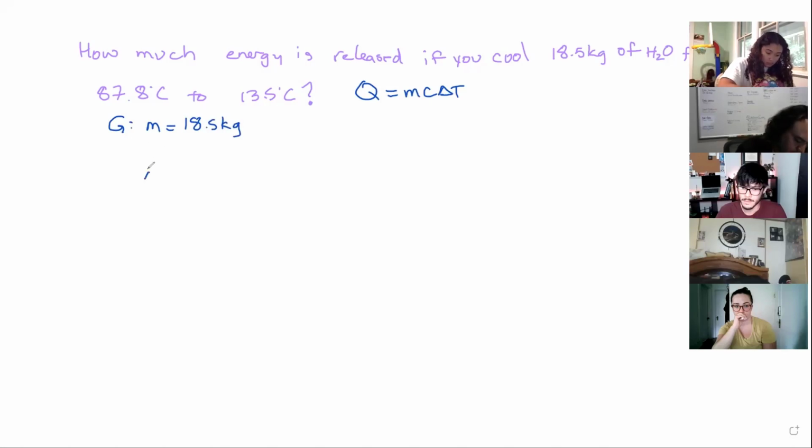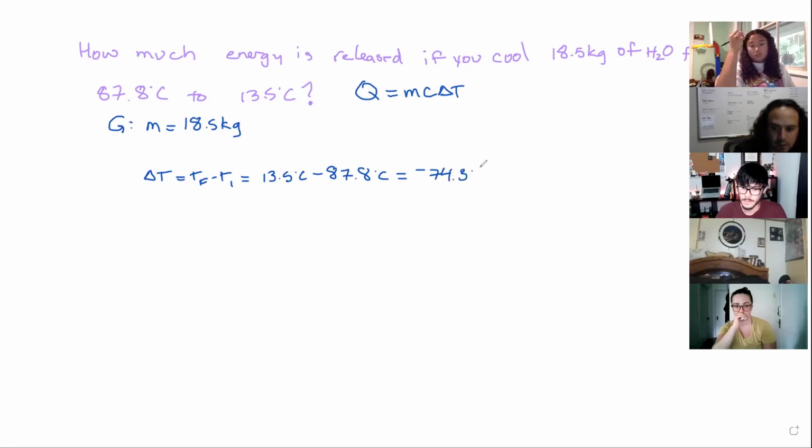We know the change in temperature. It is T final minus T initial, which is 13.5 degrees C minus 87.8 degrees C. So our temperature change will be negative. That is okay. That just means that our value will be negative, which means the energy is being released into the environment. So we get negative 74.3 degrees Celsius.